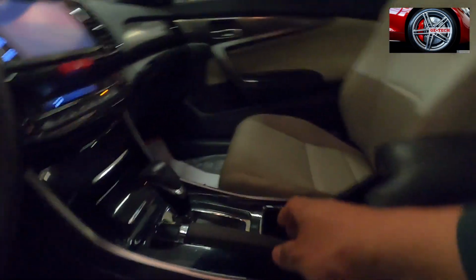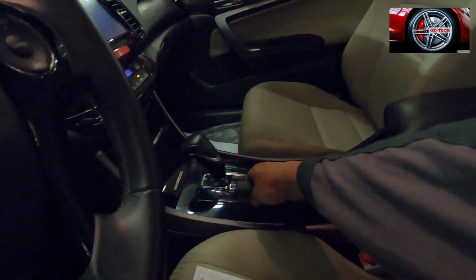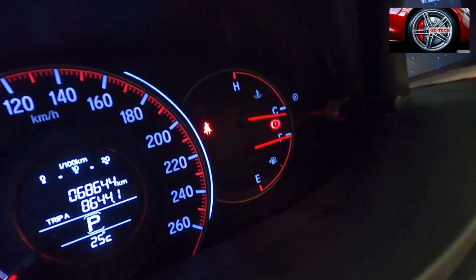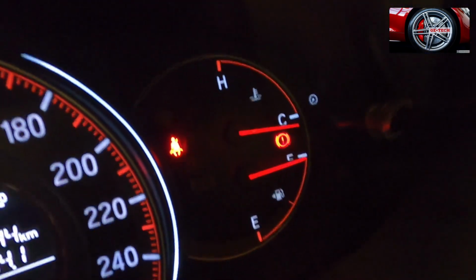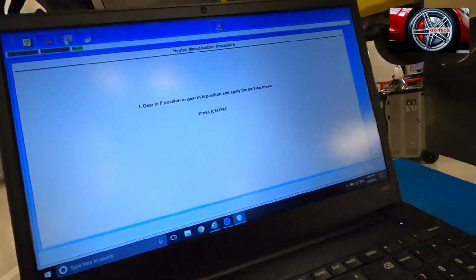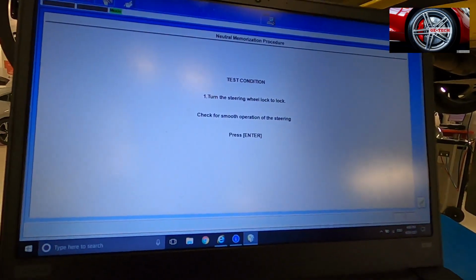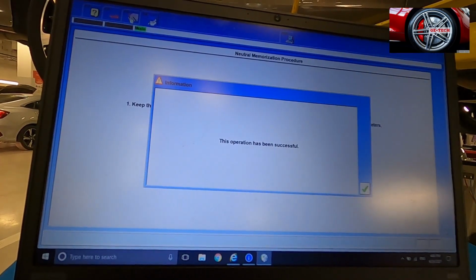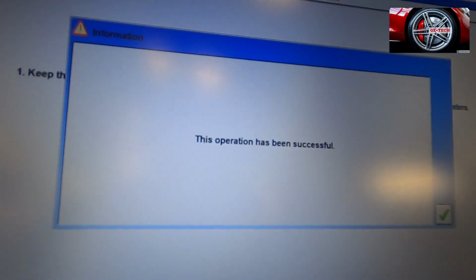Okay, let's apply the parking brake. Operation has been successful.